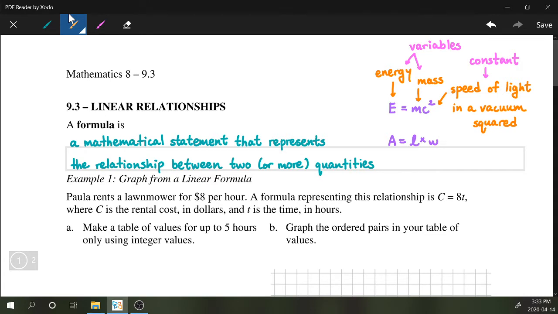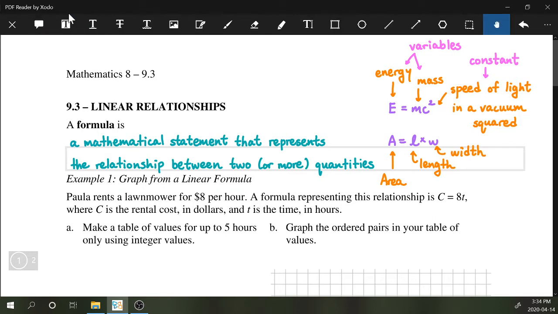Because of course you can have rectangles of different sizes. So you can change the length or change the width, and it would change the area. So these are all variables.